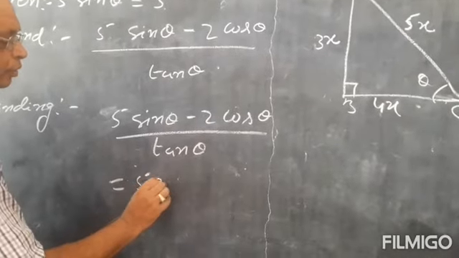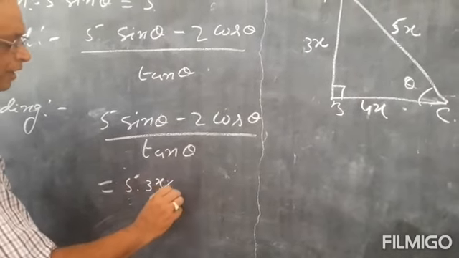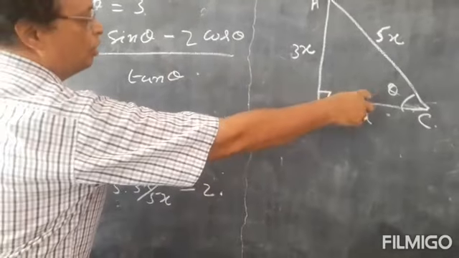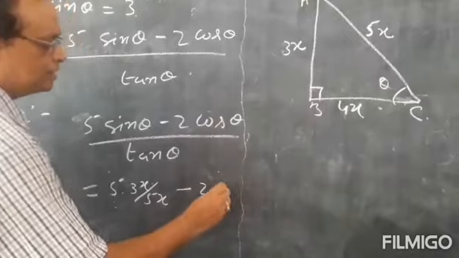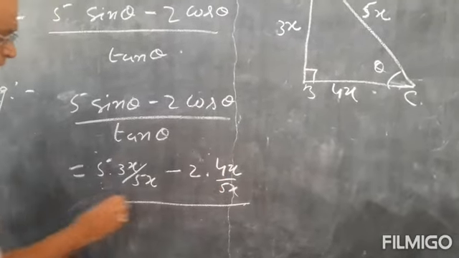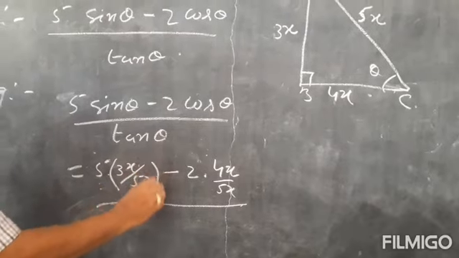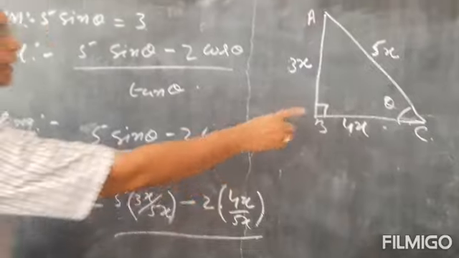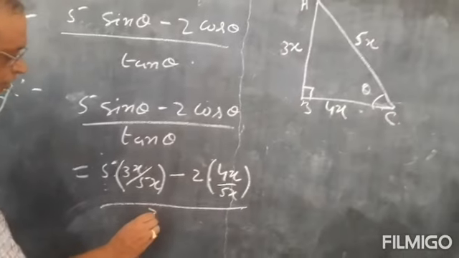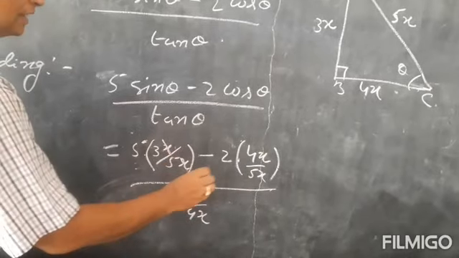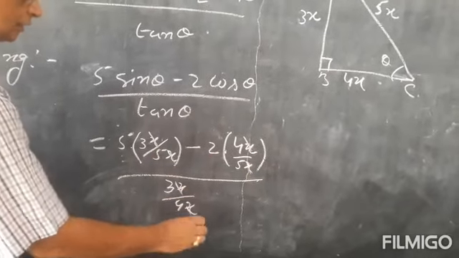So 5 into 3x by 5x minus 2 into cos theta. Cos theta is adjacent by hypotenuse. So 4x by 5x whole by, let me put bracket here, otherwise you confuse. Now tan theta is opposite by adjacent. So 3x by 4x. Now all these x will cancel.